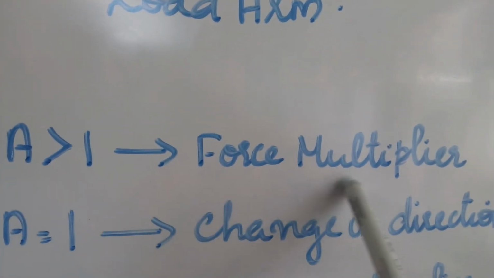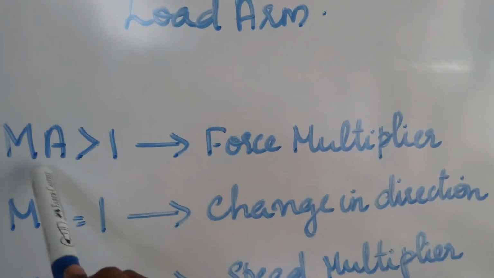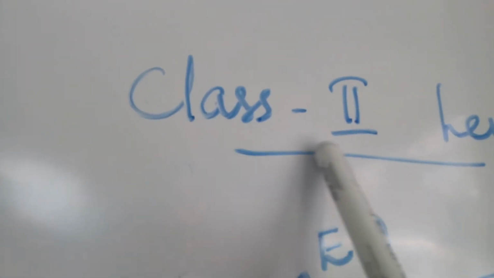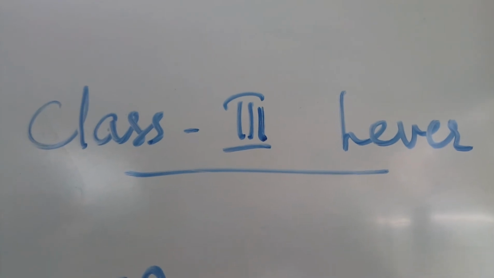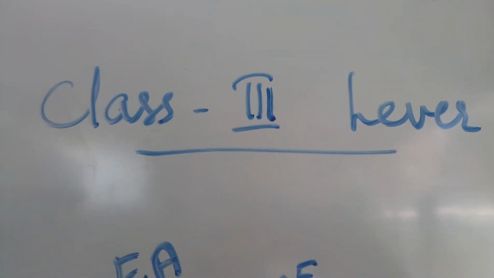So this class of lever acts as a force multiplier. So class 2 lever has only one function. As the mechanical advantage is greater than 1, it acts as a force multiplier. So the functions of class 1 lever are explained.